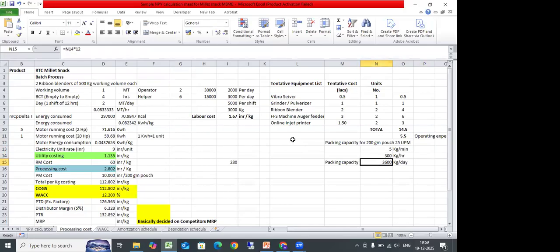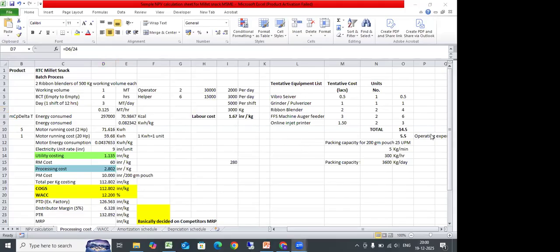So in a day, I can pack 3.6 tons or 3600 kg. What is my making capacity? 3000 kg. So I have planned accordingly, with excess packing capacity with respect to my making, so that I utilize my capacity to the fullest.